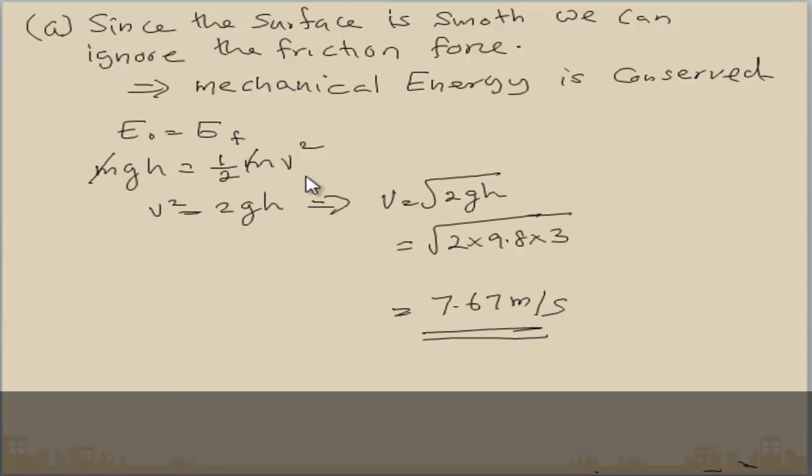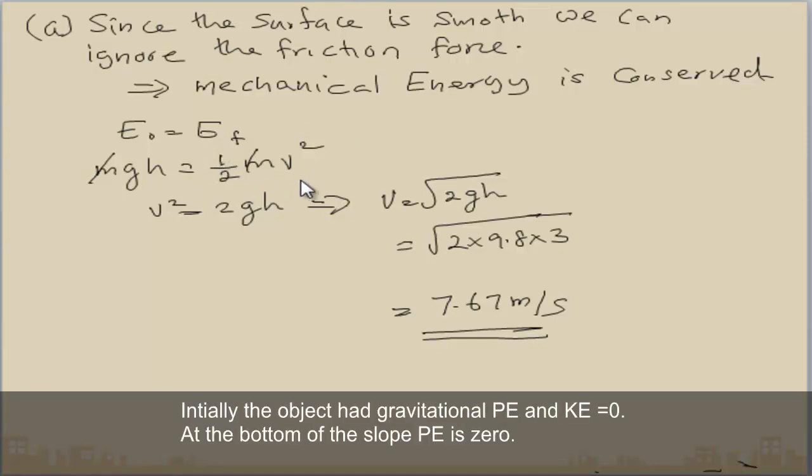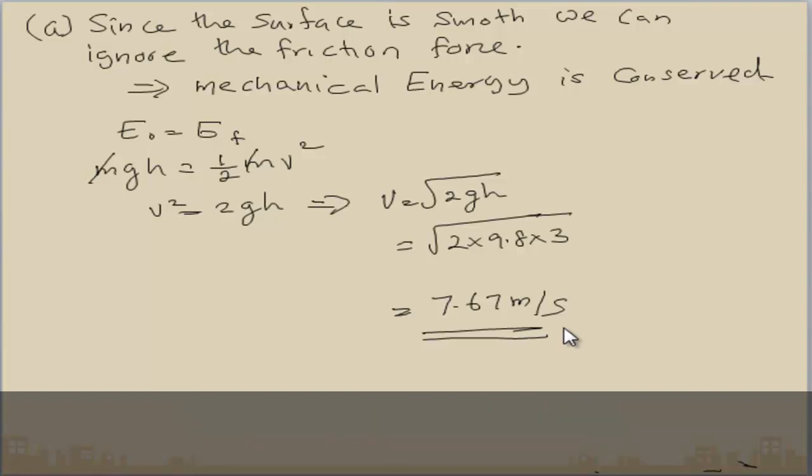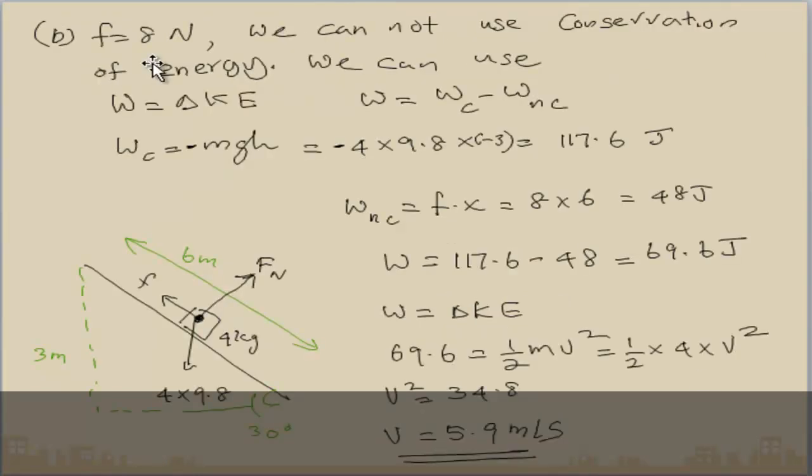But finally, the height is 0, so there is no potential energy, but it has the kinetic energy, which is 1/2 mv squared. m cancels, then v squared equals 2gh. So v is equal to the square root of 2gh. By plugging the values, we can find that v equals 7.67 meters per second.